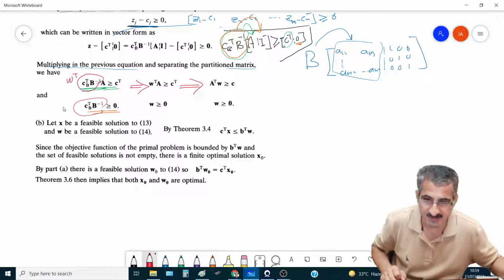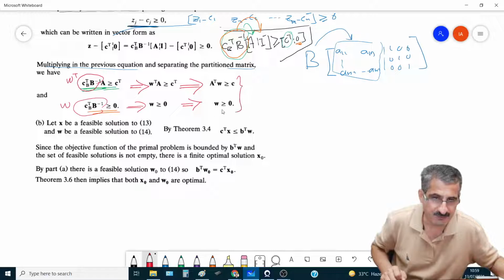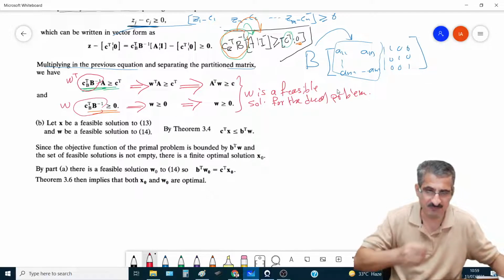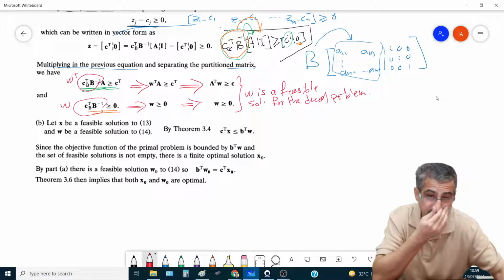And this is again W greater than or equal to 0. This means that W is a feasible solution for the dual problem. So we have proved what we want.